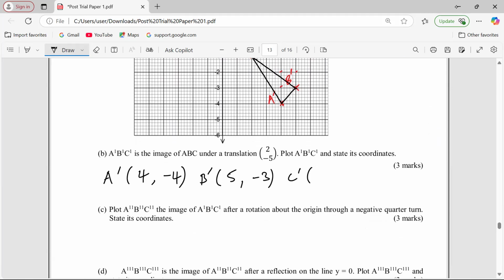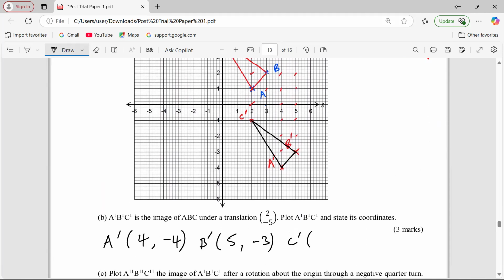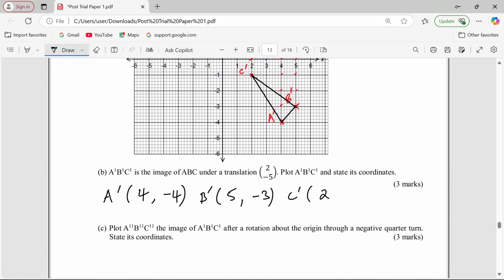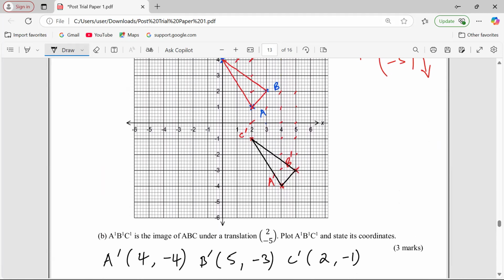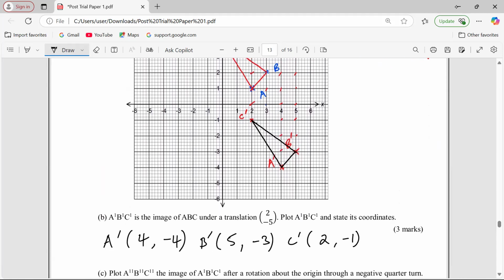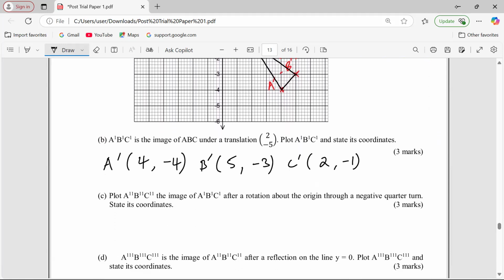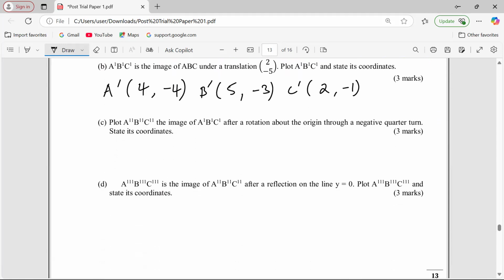Then C prime equals (2, -1). So we now have the triangle which has been translated together with the coordinates of the image.